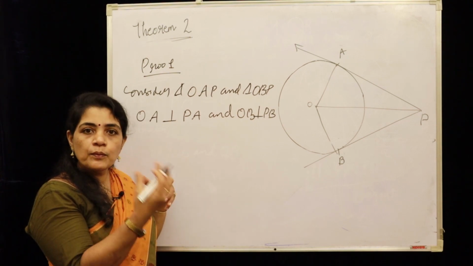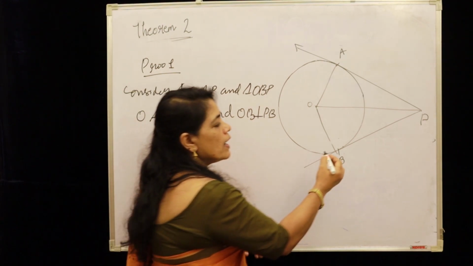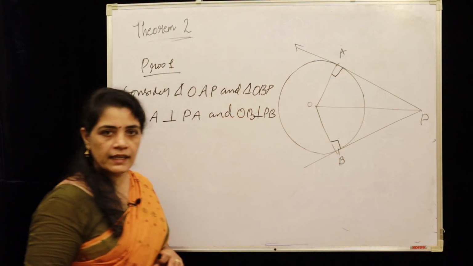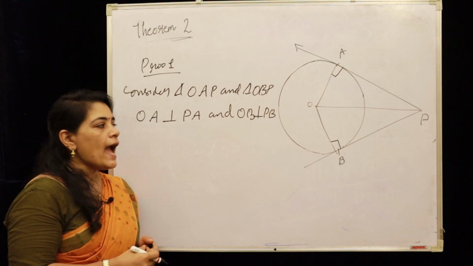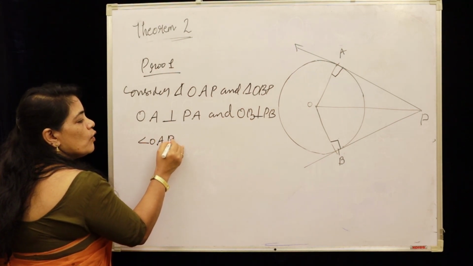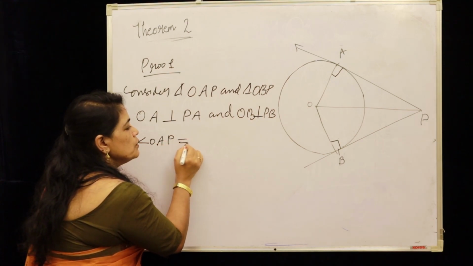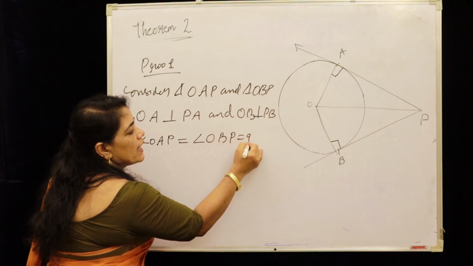Since both are perpendicular, you can mark this as 90 degrees and this angle also 90 degrees. So with respect to triangle OAP, angle OAP, A should come in the middle, equal to angle OBP equal to 90 degrees.